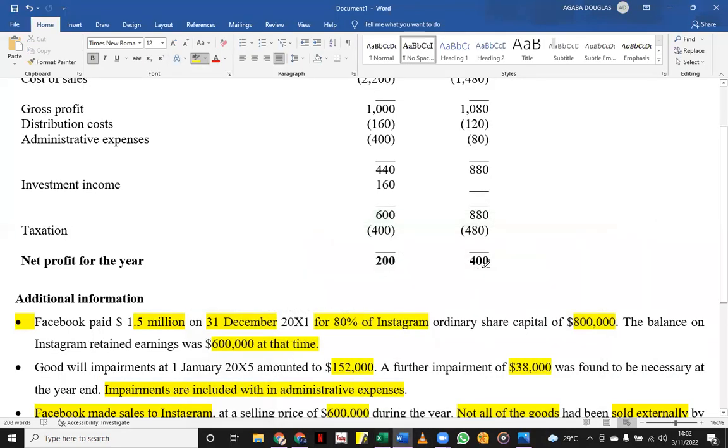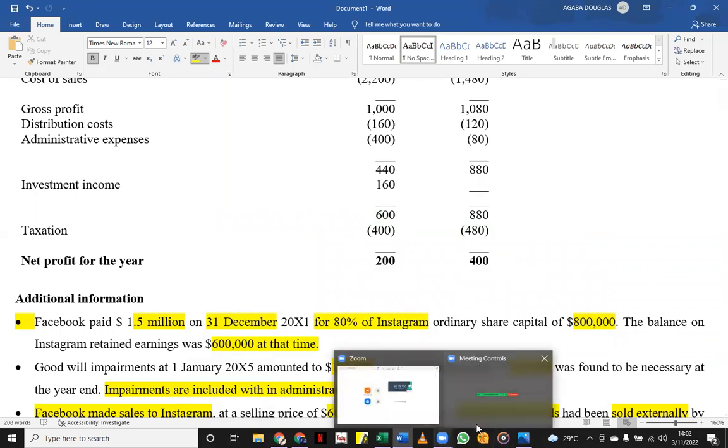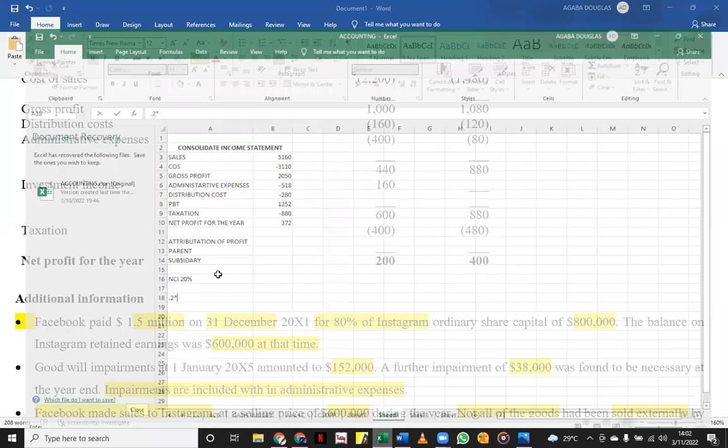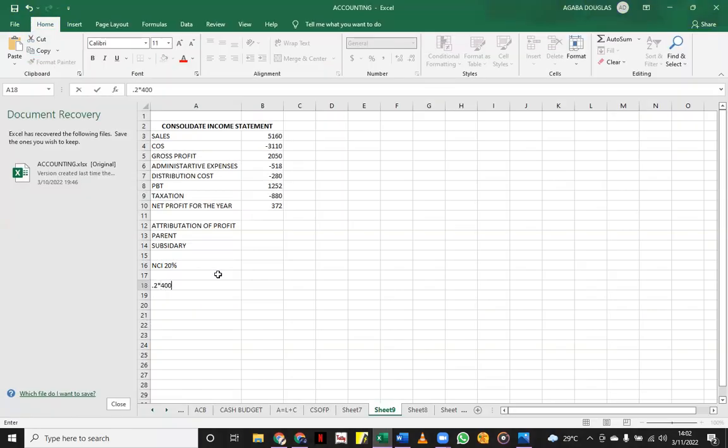So you will come and get 20% of 400 shillings. So we'll say 20% of 400, equal, and then it will give us 80.